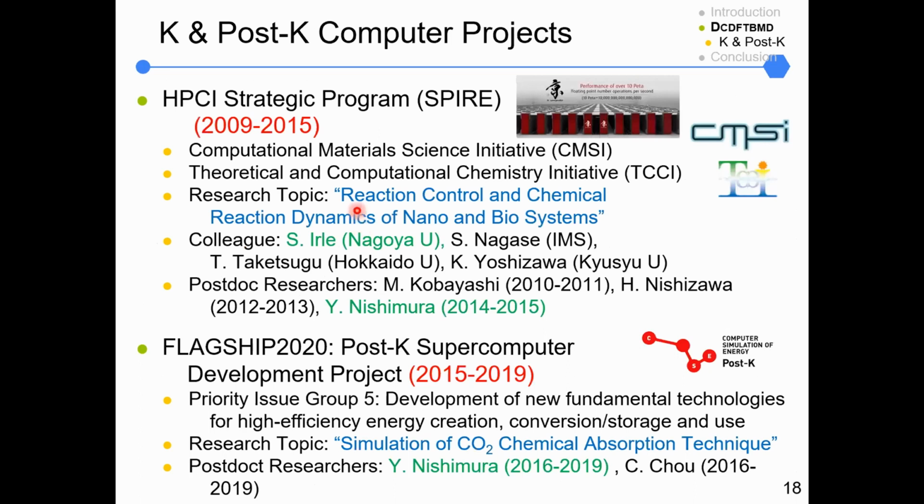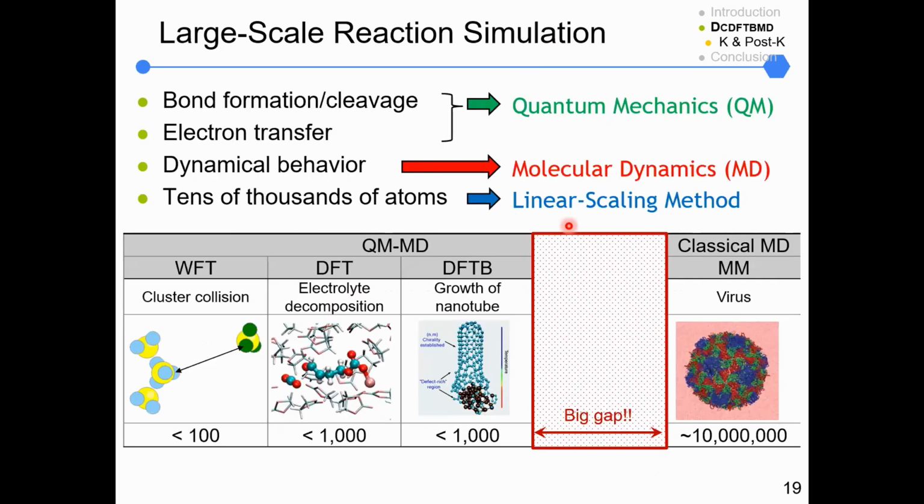The motivation to develop our DcDFTBMD program was related to the K and the post-K computer project. My mission in this project is to perform chemical reaction dynamics simulations of nano and biosystems. For reaction simulations, we need a quantum mechanics treatment.